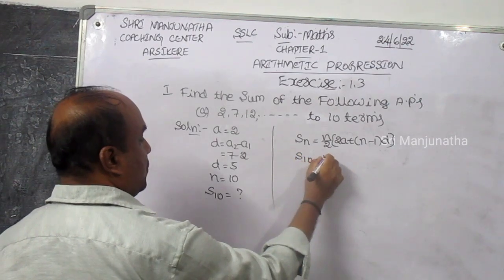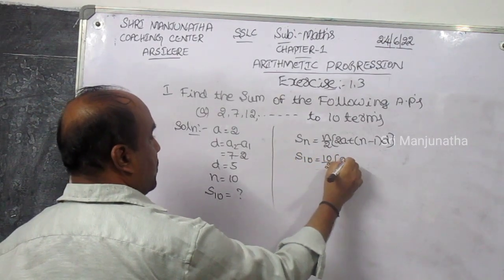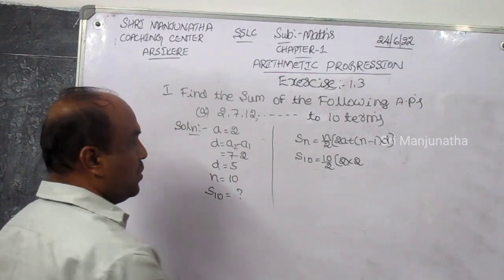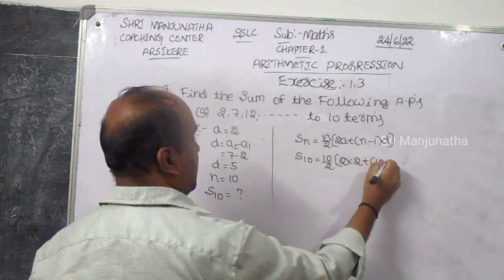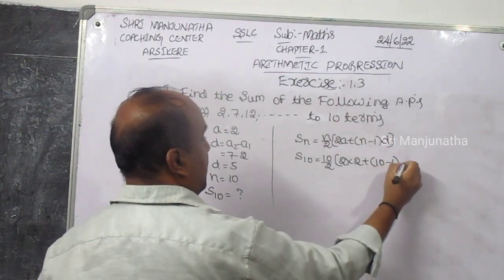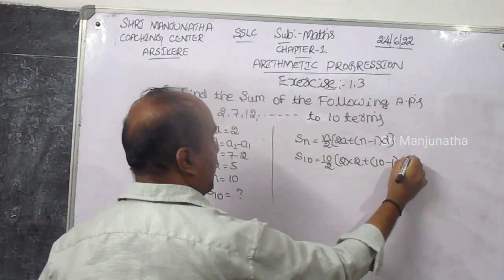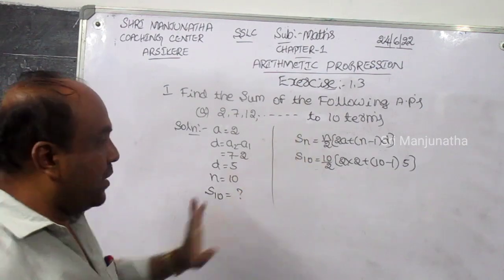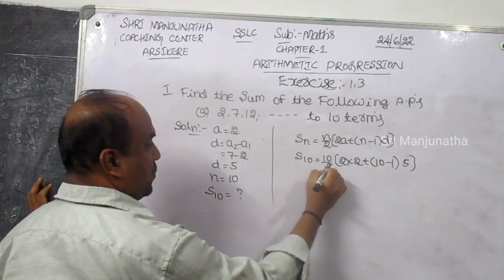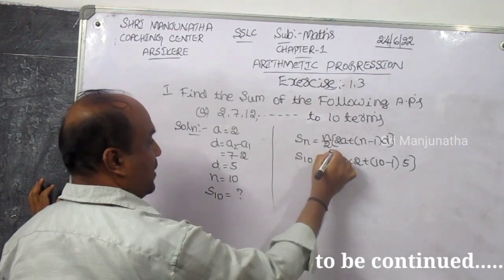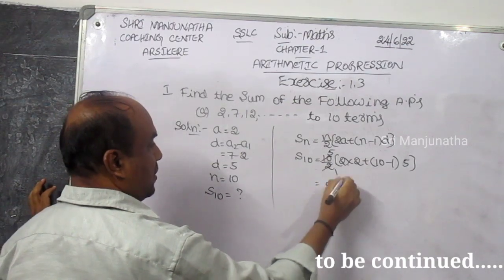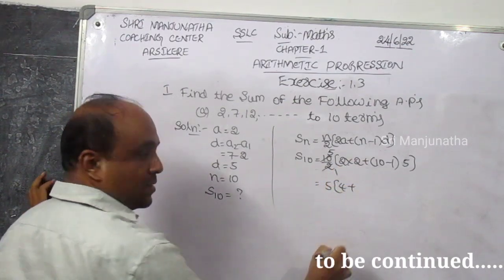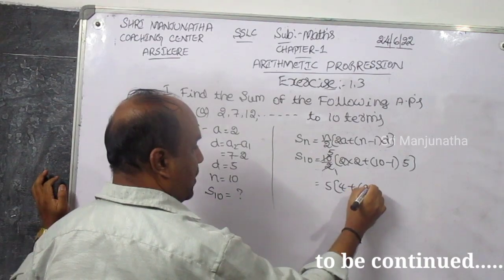Sn is equal to 10 by 2, into 2 into a value 2, plus n value 10 minus 1, it is also given, into d value 5. If it can be divided, divide it. 2 fives are 10, so 5 on the right hand side. 2 twos are 4 plus 10 minus 1 is 9, into 5.